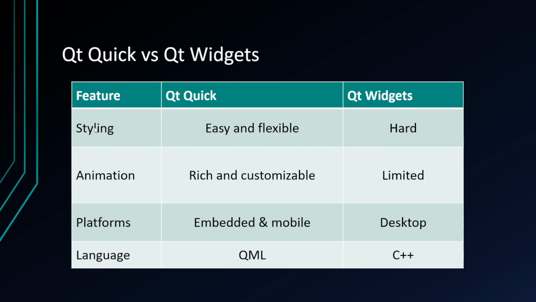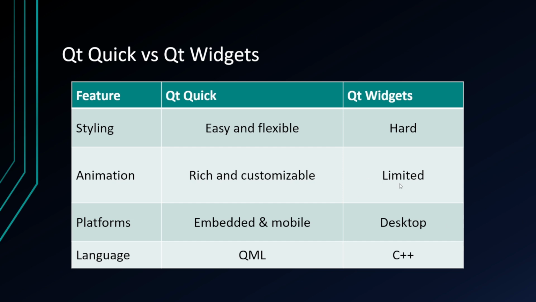Qt widgets are hard to style and limited in animation. Platforms: in most scenarios, you'll use it only on desktop. There are chances you can use it on embedded or mobile, but rather just on desktop. And the language used is C++.